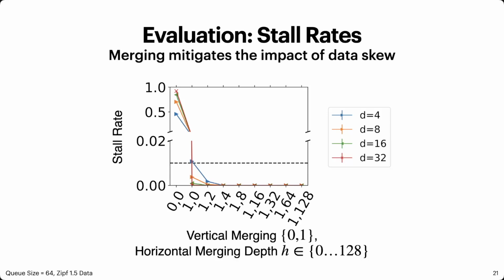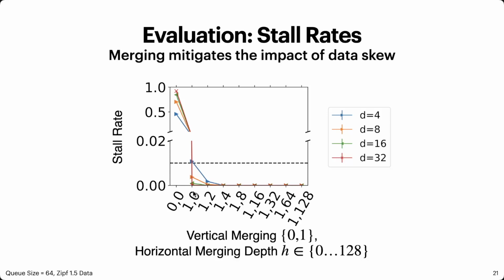Now, we ran our experiments for different numbers of input values. On the y-axis here, you see the stall rate. And on the x-axis, we gradually increase the amount of resources we invest into merging. So in the beginning here, you see that we have no mergers at all, and there, the architecture is barely doing useful work. So we are stalled for a significant share of clock cycles.